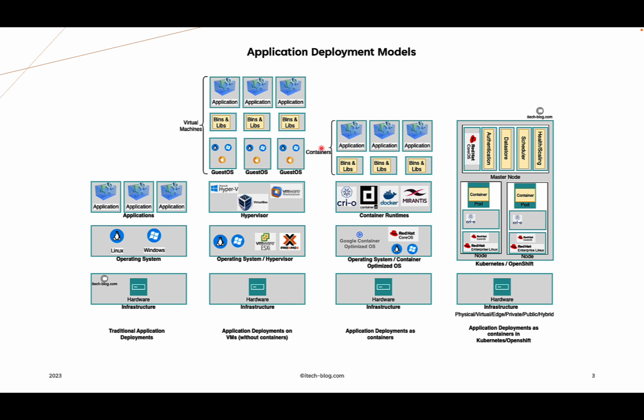As you can see, we removed the guest OS part, and we are sharing the host OS kernel. So containers are very lightweight and easy to scale up and down to meet the demands. Now we have achieved our goal of running multiple containerized applications on the same host.